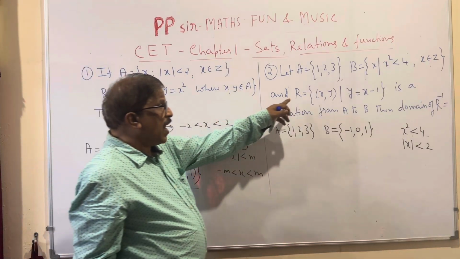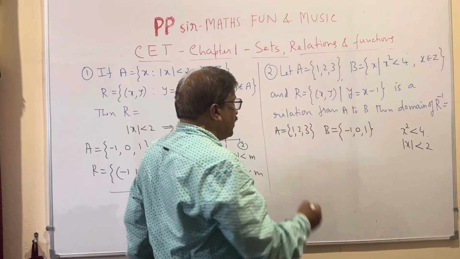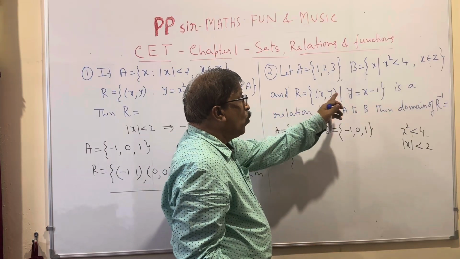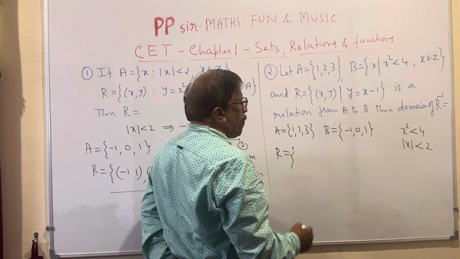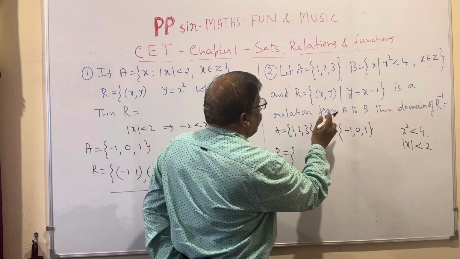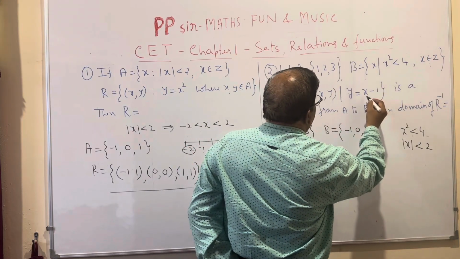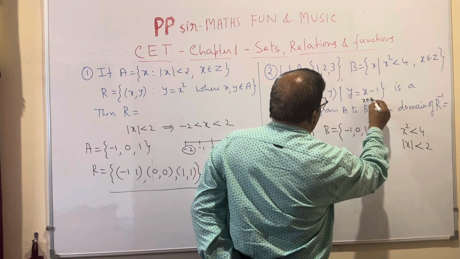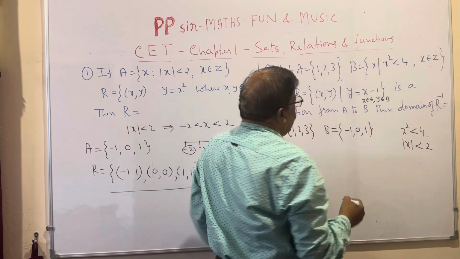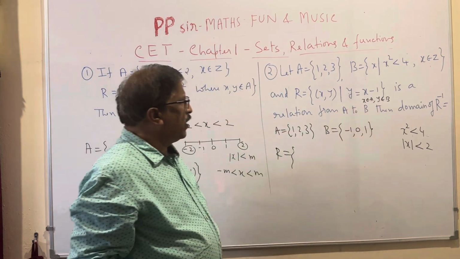Now, what is R? R is a set of all ordered pairs such that y is equal to x minus 1. I have to take x from A. Remember, here x belongs to A and y belongs to B. That is the meaning, so that should be given there.